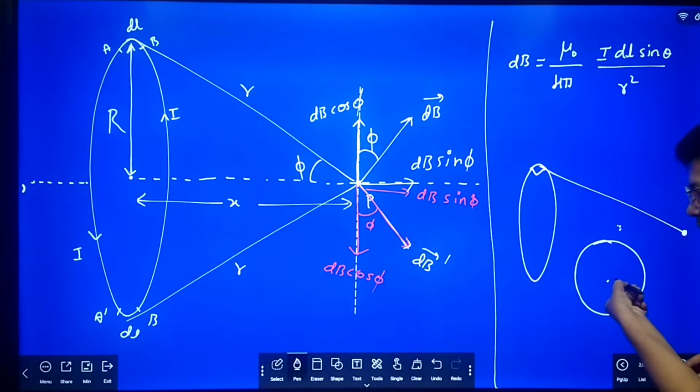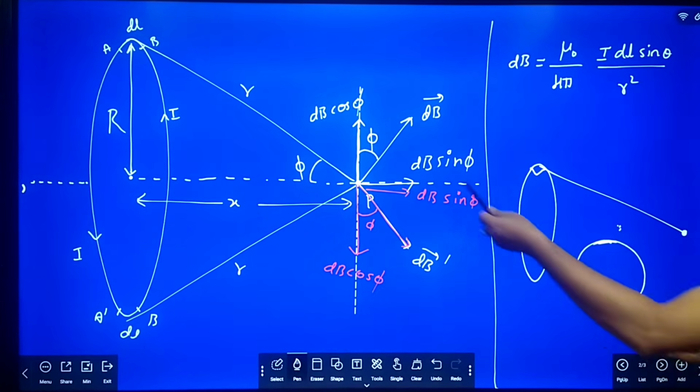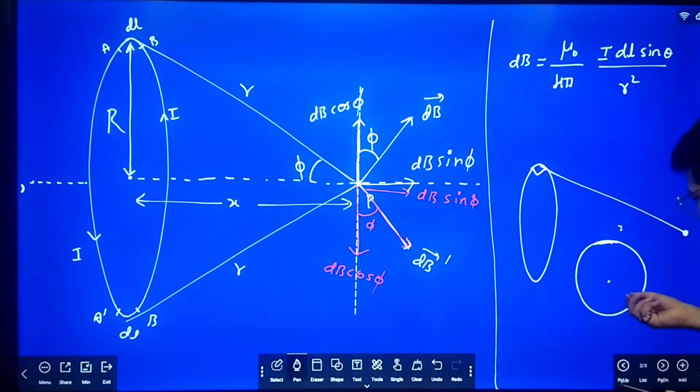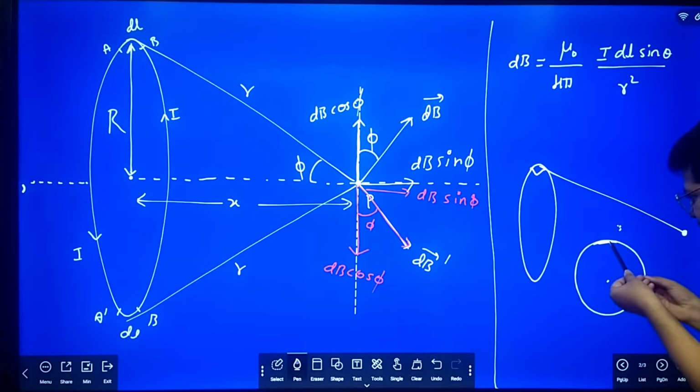Here is the current element, and this line is R. Here I have considered a point on the axis.